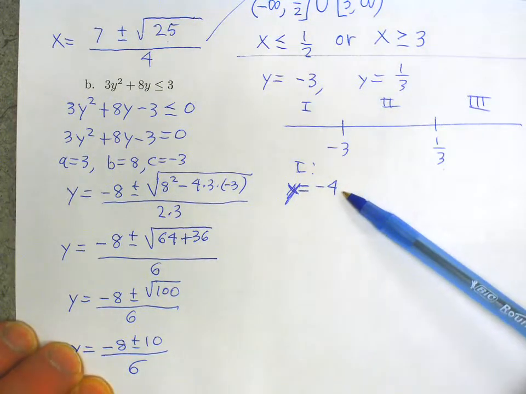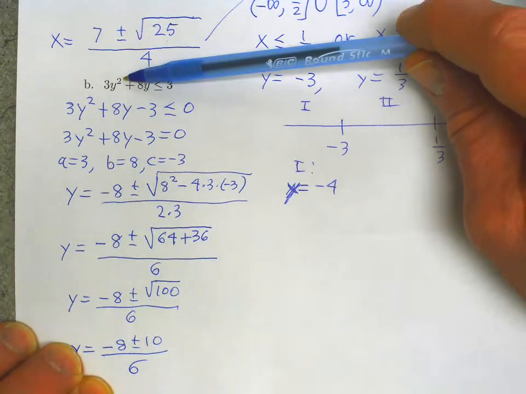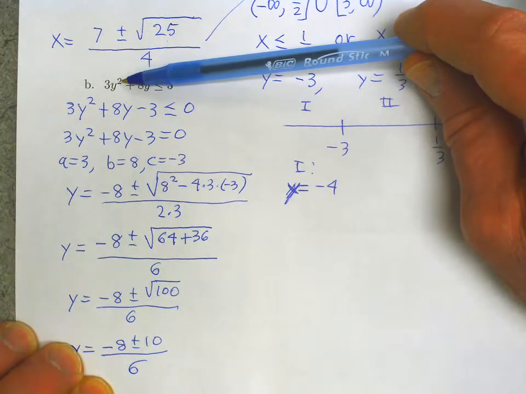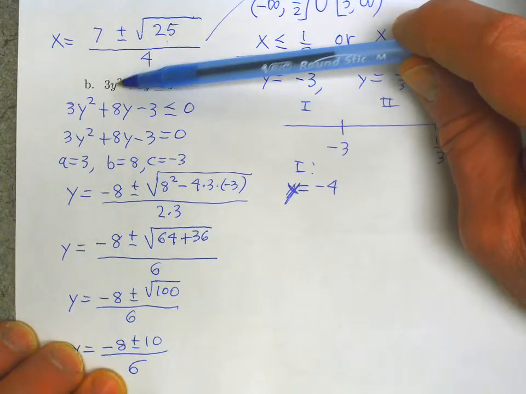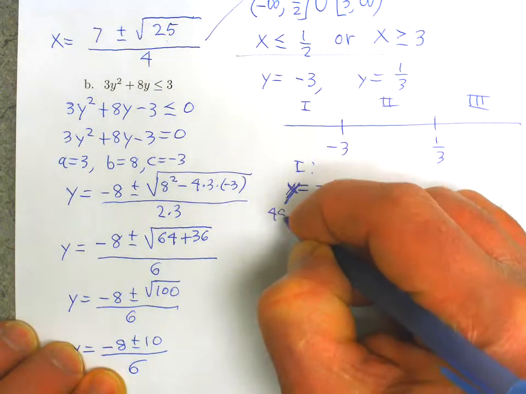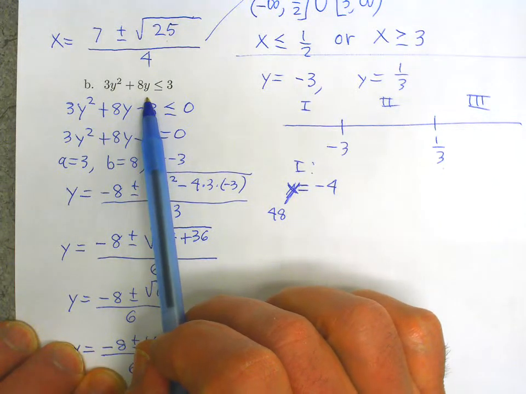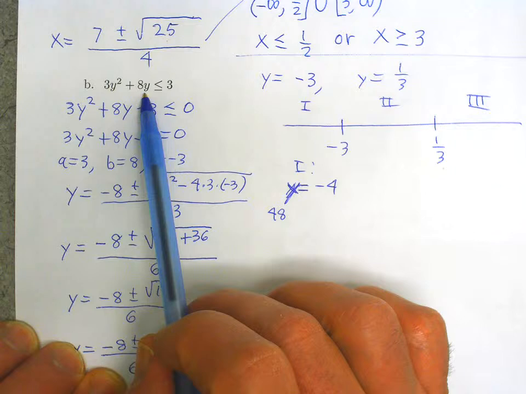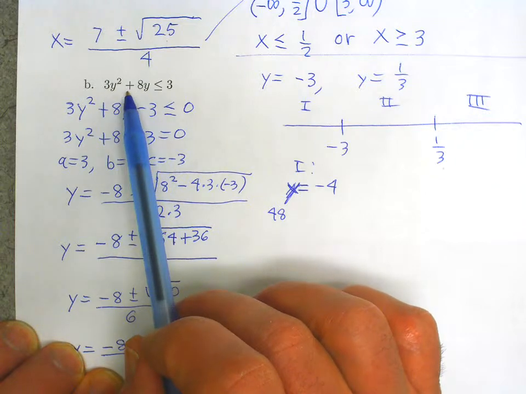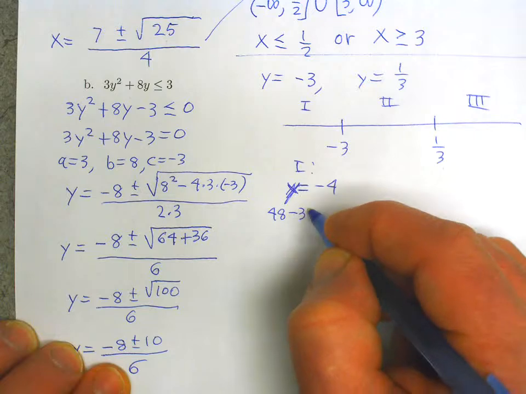If y is -4, 3 times -4 squared, -4 squared is 16. 3 times 16 is 48. So I'll write 48. And then we're adding 8 times -4. 8 times -4 is -32. If we add -32, that's equivalent to subtracting 32.